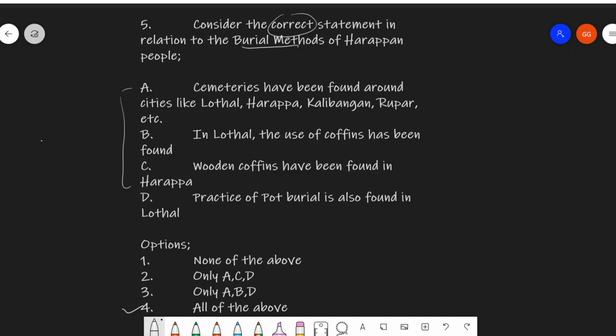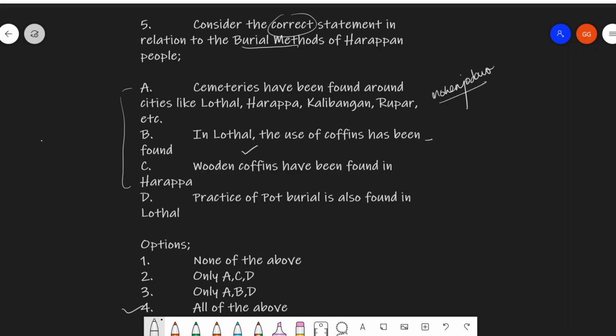You see, cemeteries have been discovered by historians around cities like Mohenjo-daro, Harappa, Kalibangan, Lothal, Rupar, etc. So they throw light on the burial practices of the Harappans. The second statement is, in Lothal, the use of coffins has been found.